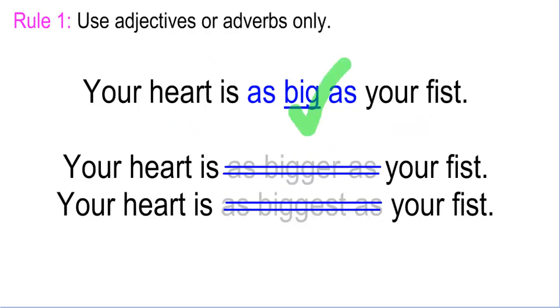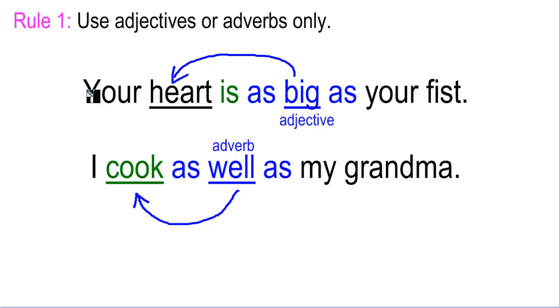So the first thing we have to remember is that we use only adjectives or adverbs. Okay, in the center of as, we only use adjectives or adverbs. Okay, no comparative form, no superlative form. Okay, some examples of this. Your heart is as big as your fist.